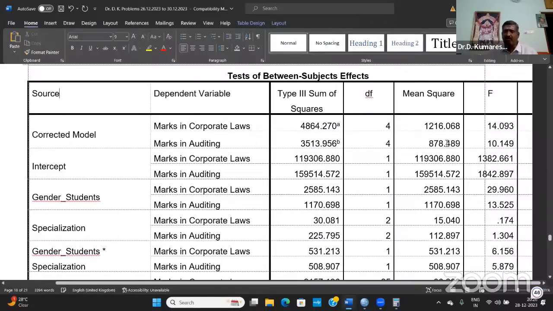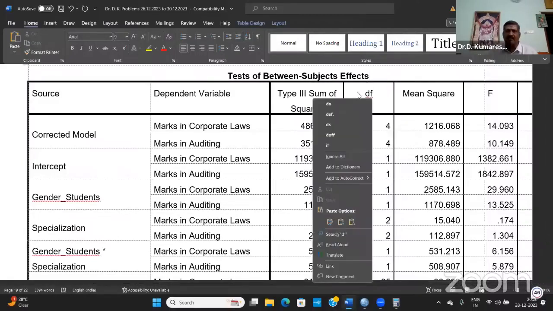Just for showing this one, I am deleting this column.